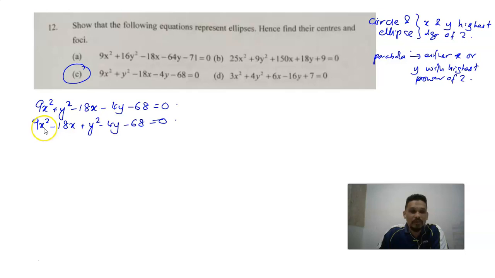Make sure that before we complete the square, the x terms are next to each other, y with y, and the coefficient of x squared and y squared must equal 1 first. So here, 9 with x squared minus 2x plus y squared minus 4y minus 68 equal to 0.